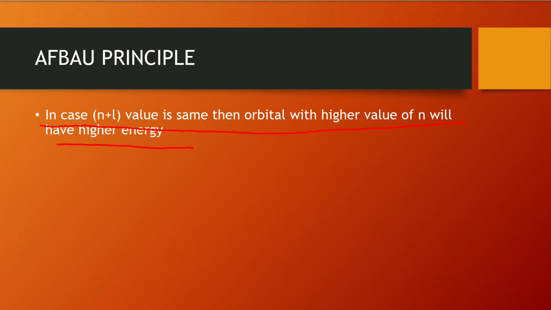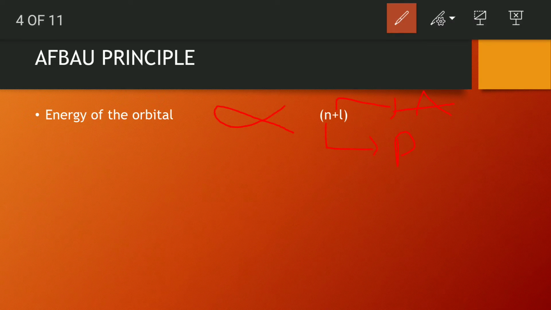Let's take an example of 3d and 4s. In 3d, the value of n is 3 and the value of L is 2, so n plus L is equal to 5.